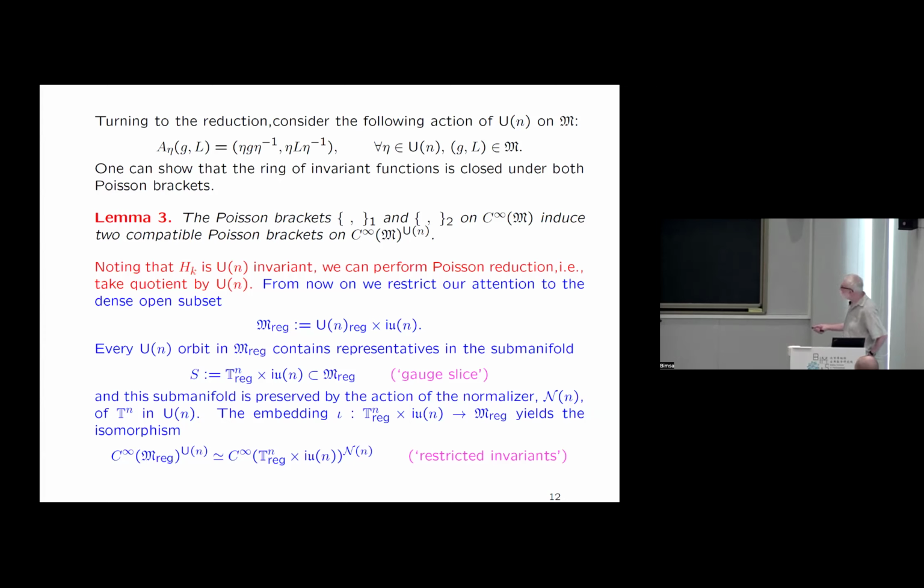Those symmetry transformations are given by the normalizer of the maximal torus inside UN. So in this way, you show that the UN invariant functions on this regular part of the phase space are the same as the functions on the smaller phase space, this gauge slice S, which are invariant under the normalizer of the maximal torus inside UN. So we are going to represent the invariant functions by functions defined on this gauge slice S, which are subject to this residual symmetry.